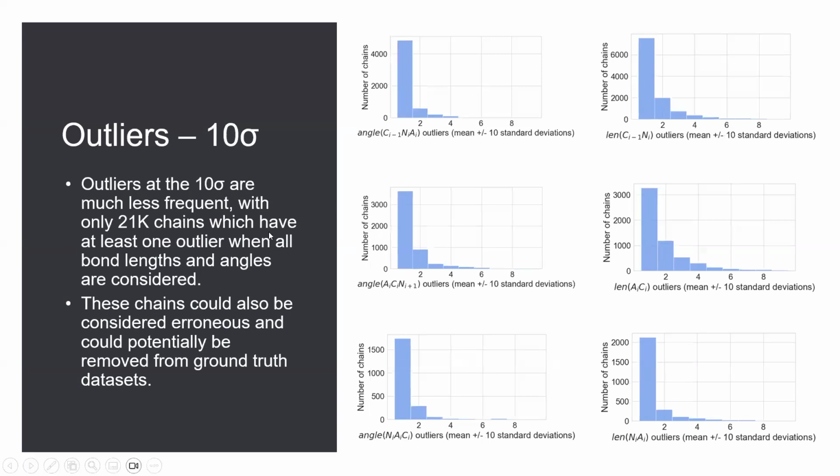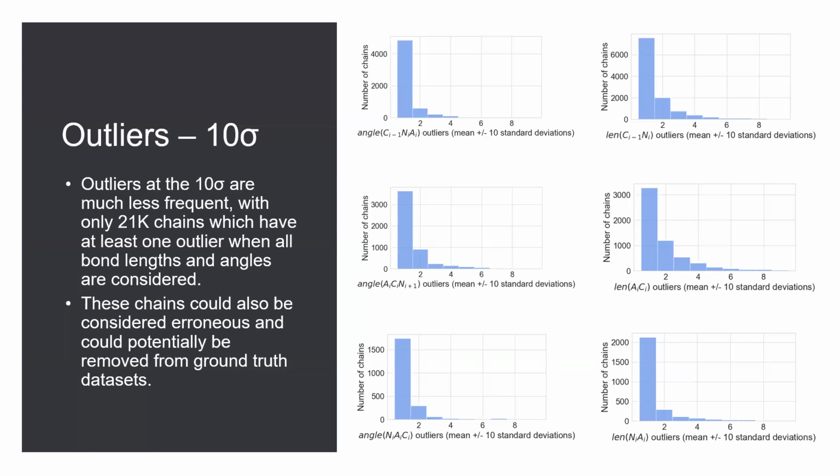And then lastly, 10 sigma. So this is quite a strict definition, really. These are angles and lengths that are really deviating from the mean across the entire PDB. We can see in this paradigm there's 21,000 chains that have at least one outlier when all the bond lengths and angles are considered.